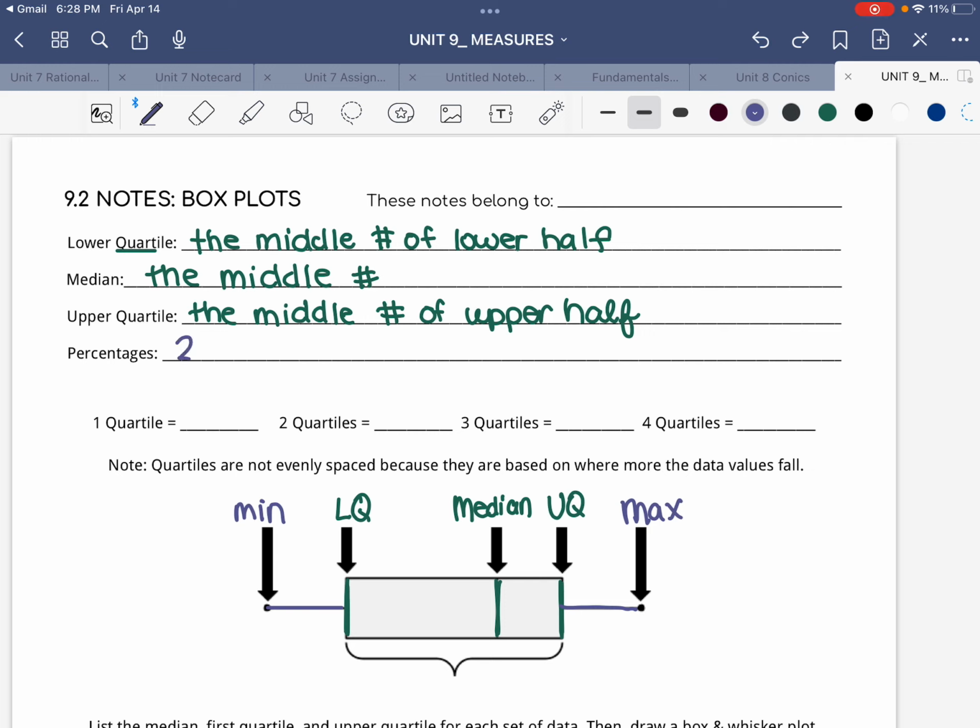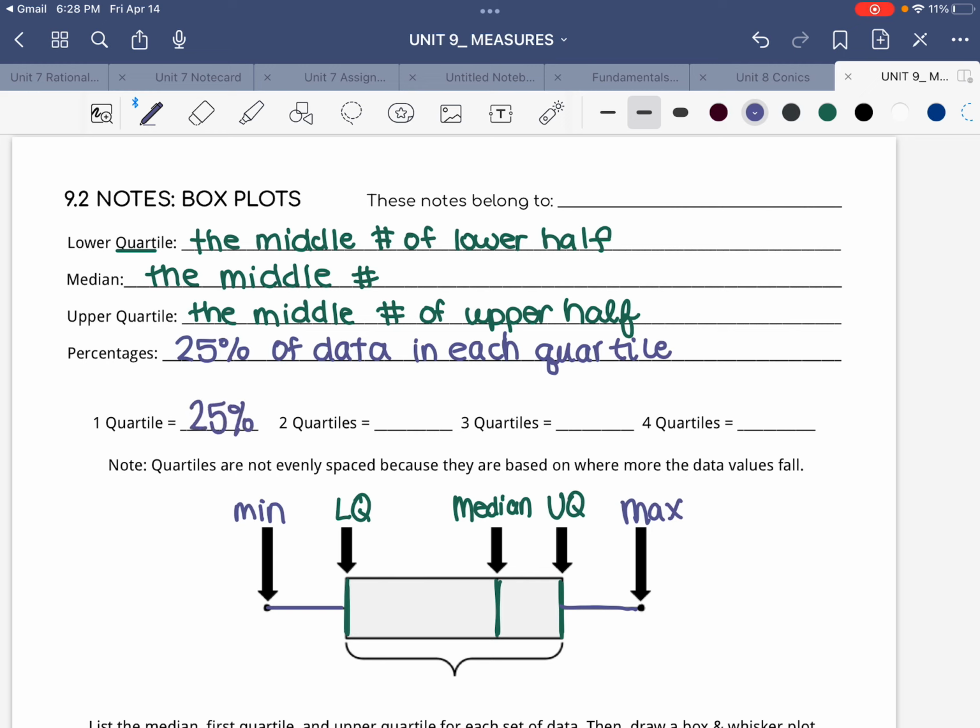Each one is 25% of the data. I'm going to say 25% of data in each quartile. So one quartile, or one section, will be 25%.